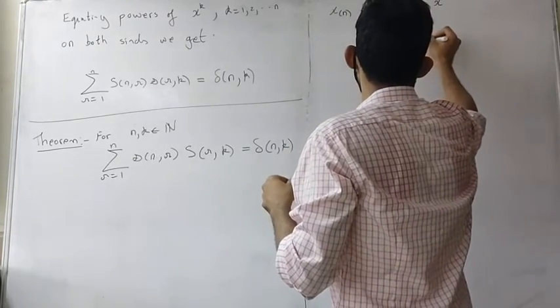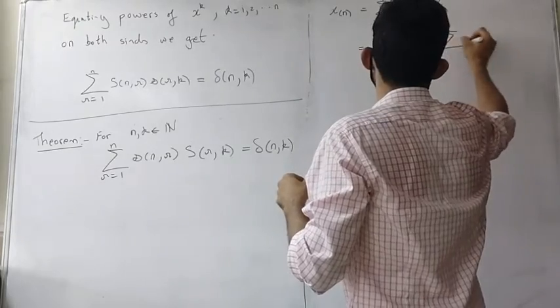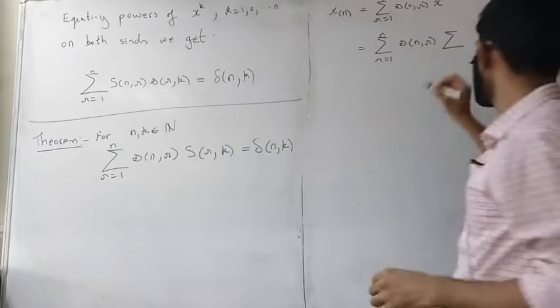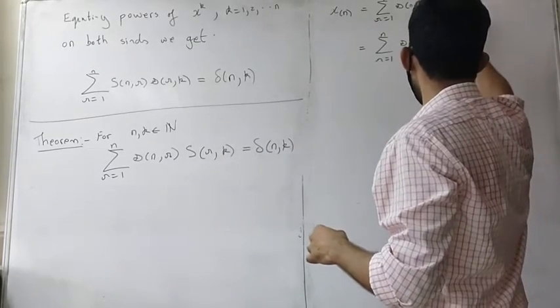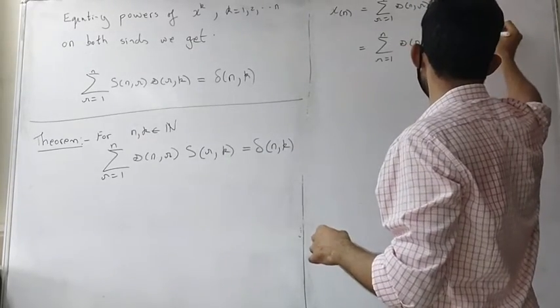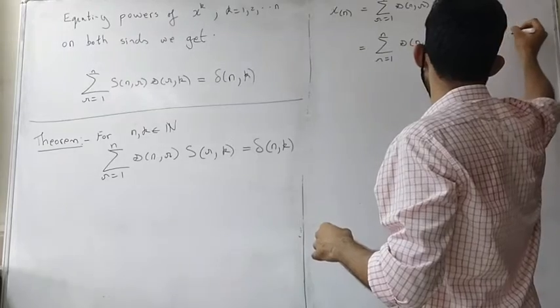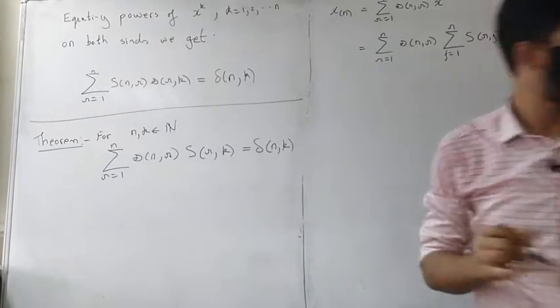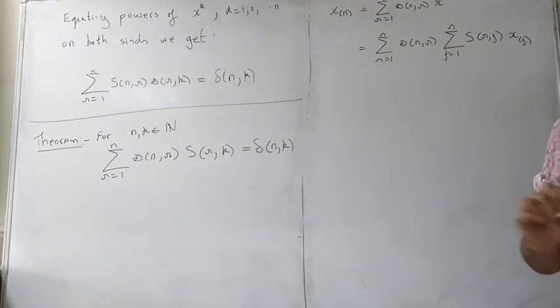Small s n comma r summation. What is this? Let's go j going from 1 to r, capital S r comma j x j. Is this okay? Yeah. Okay.